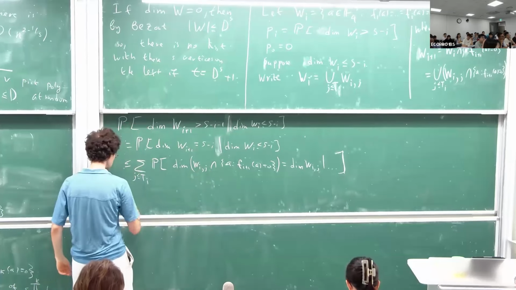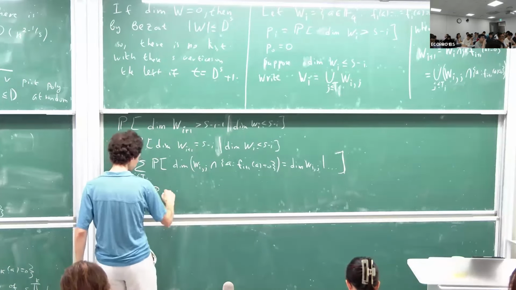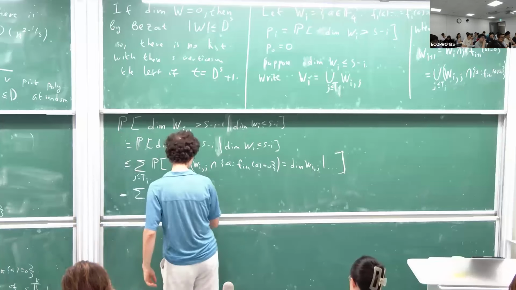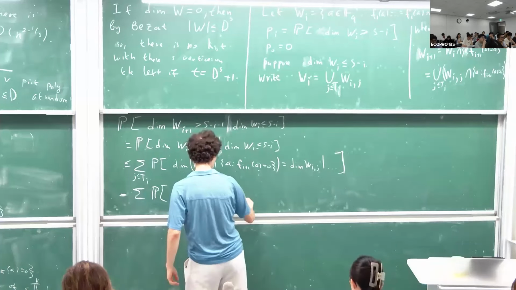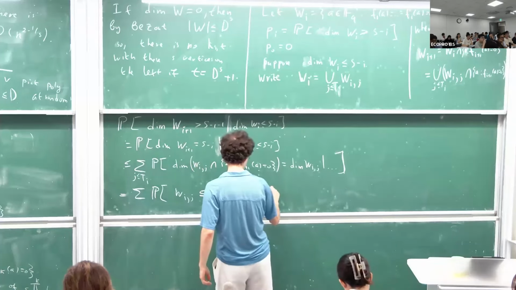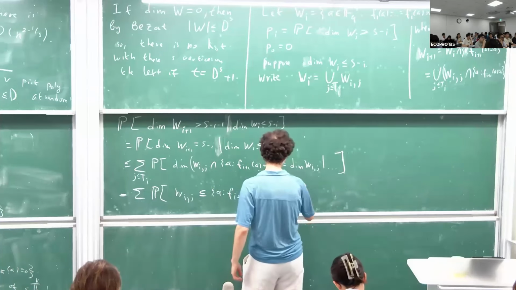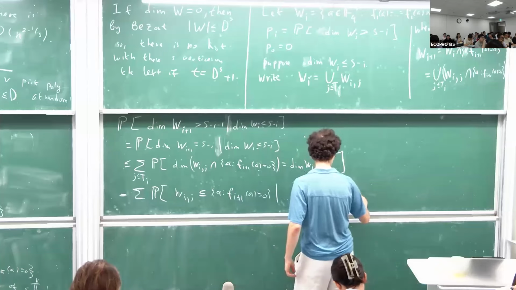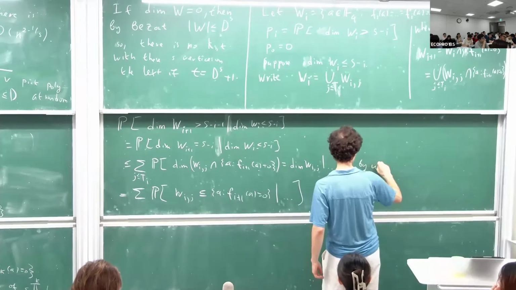So this is literally the same thing as the probability that this W_{ij} is contained in here. So again, this is by irreducibility, and this is by union bound.